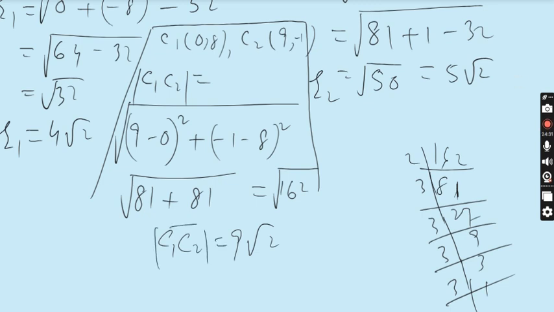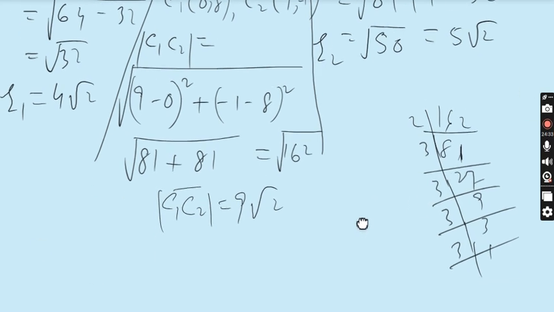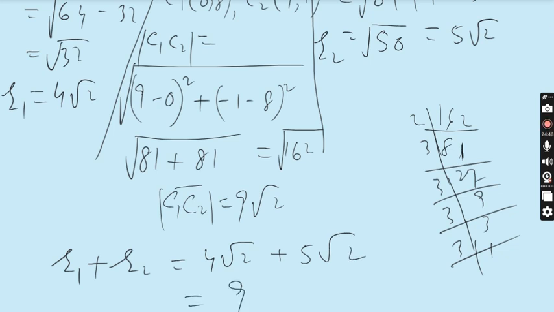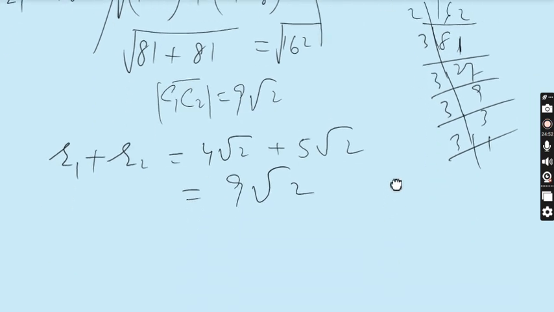Now you can see easily, if you add R1 plus R2, R1 is 4 root 2 plus R2 is 5 root 2, so it is 9 root 2. So you can see the distance between the centers is also 9 root 2.